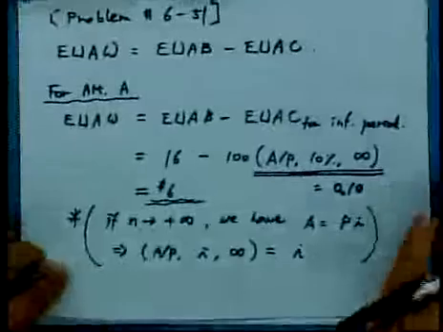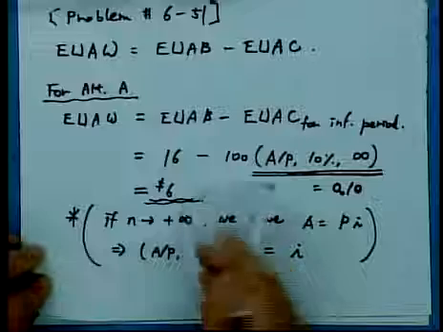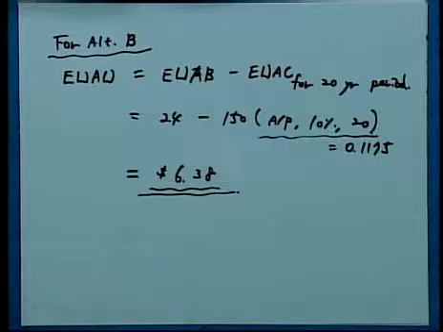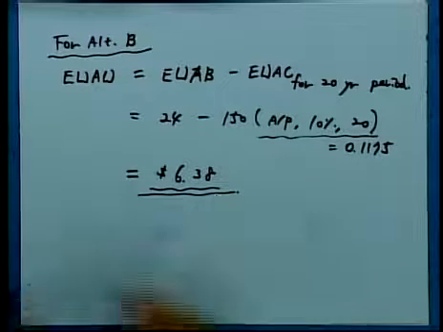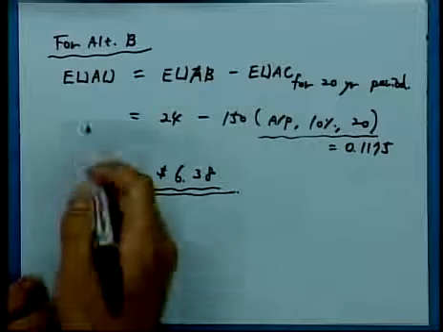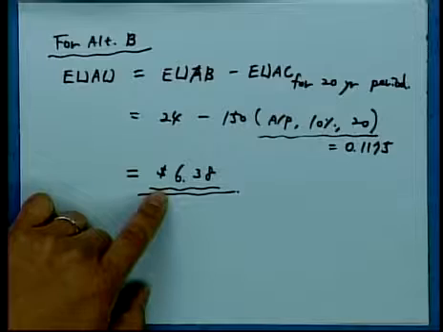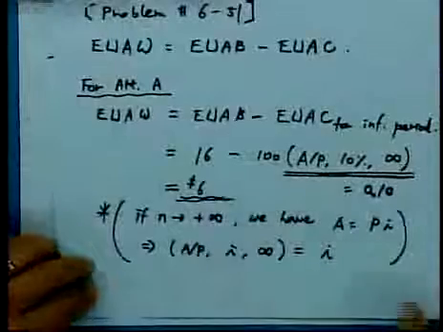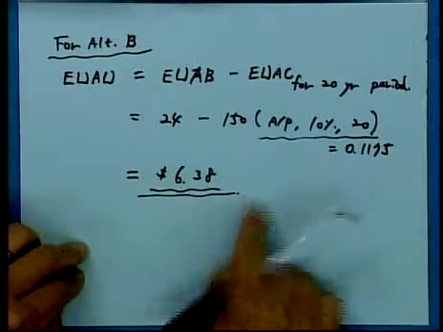So if you compare these two numbers, for alternative A, equivalent uniform annual worth is $6. For alternative B, it is $6.38. So definitely you need to choose alternative B. Okay? Because the equivalent uniform annual worth $6.38 is larger than just $6 for plan A. So you got to go with plan B, alternative B.